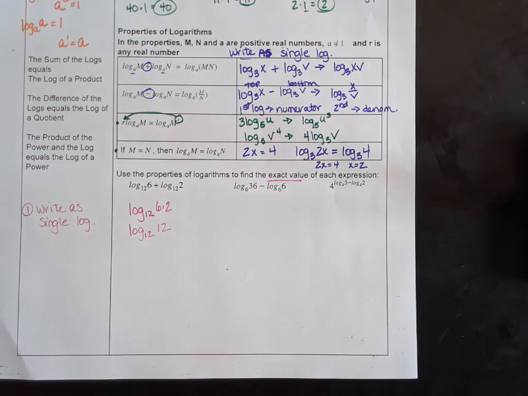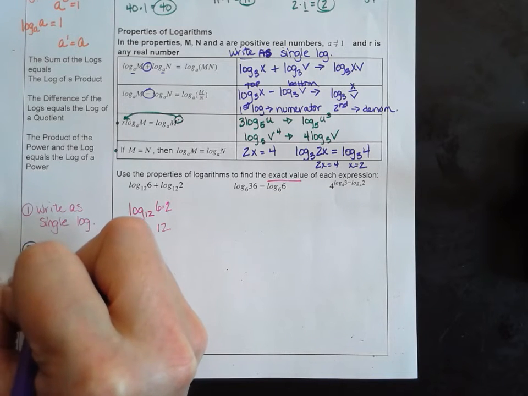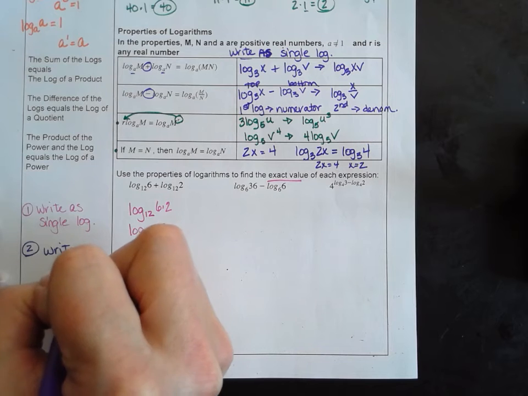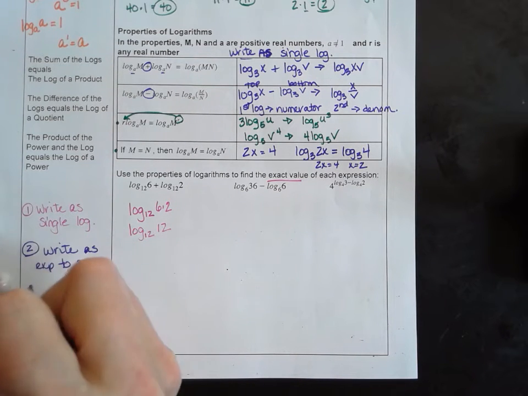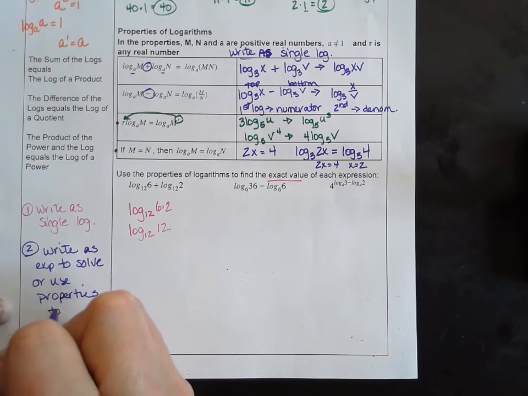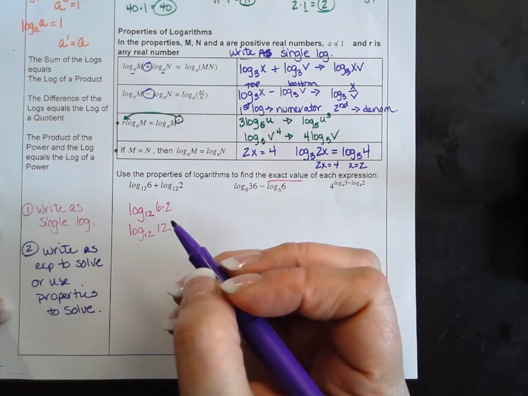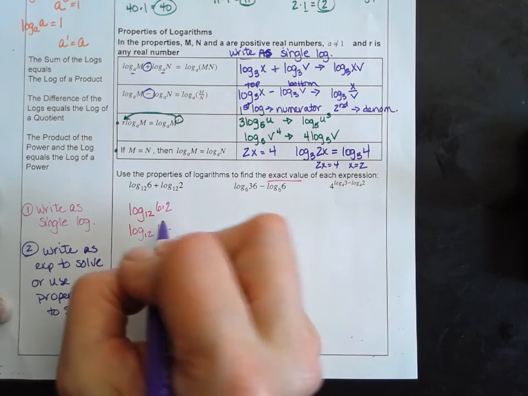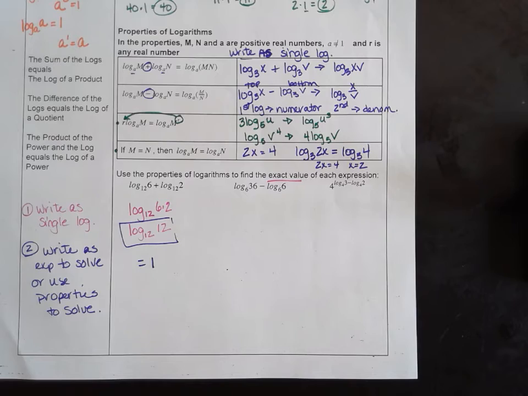Okay, and then my second step is I'm going to either write as an exponent to solve or use properties to solve. Okay, what's the log base 12 of 12? Yeah, that's just going to equal 1 from the property.